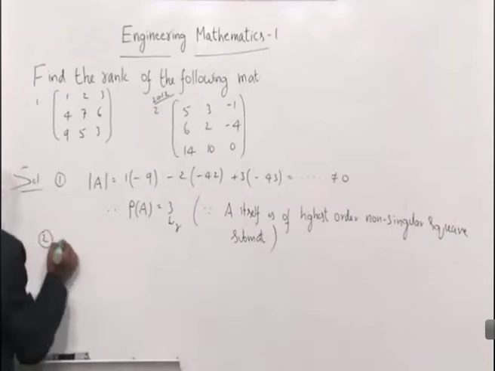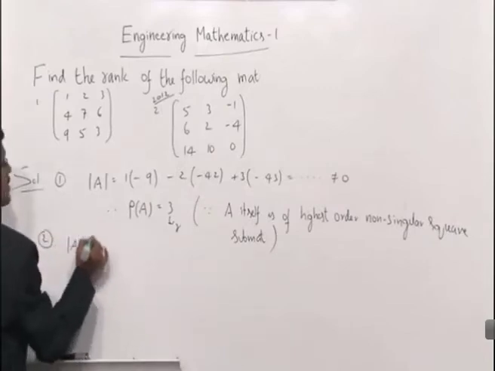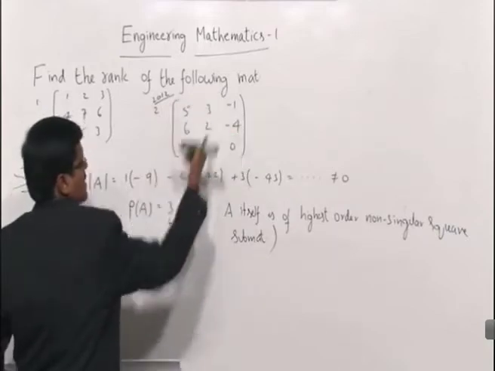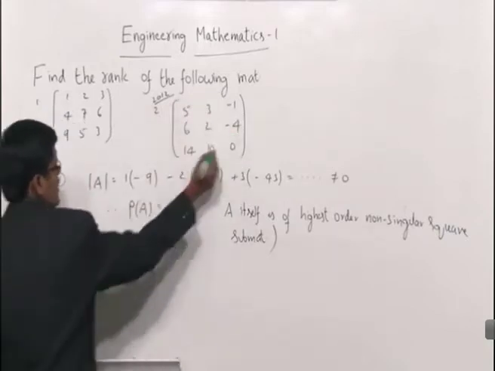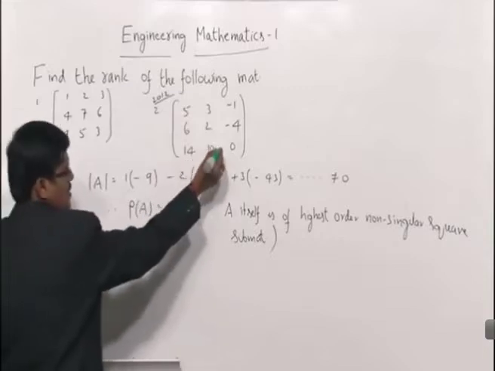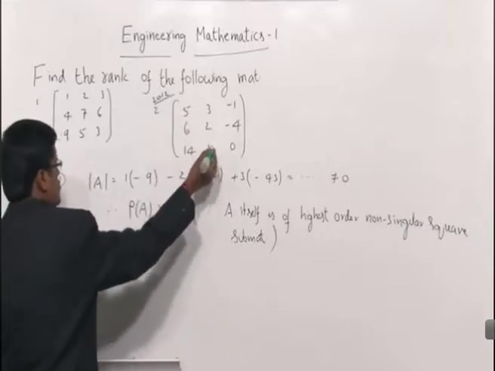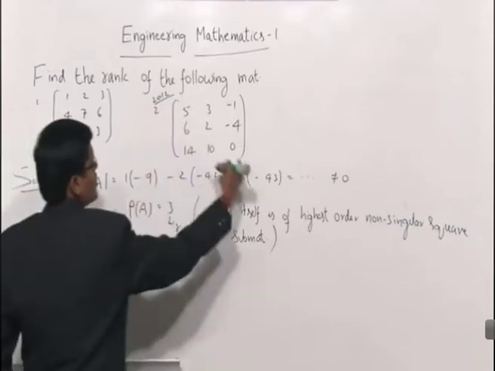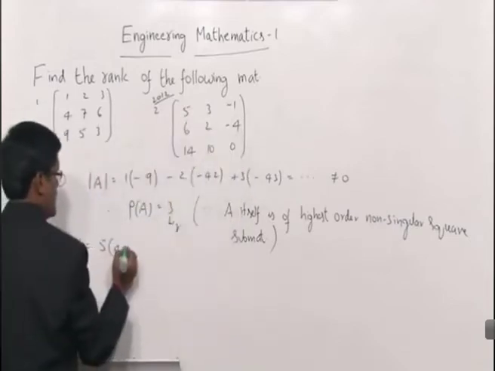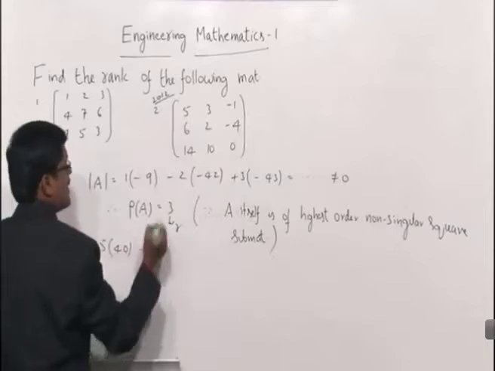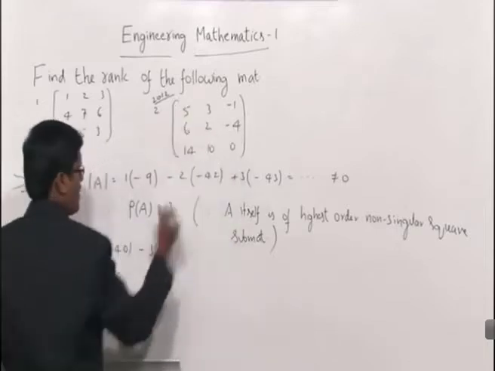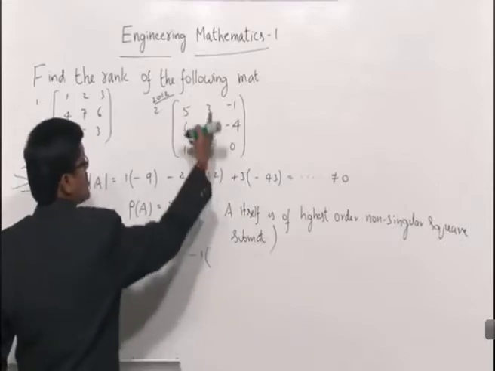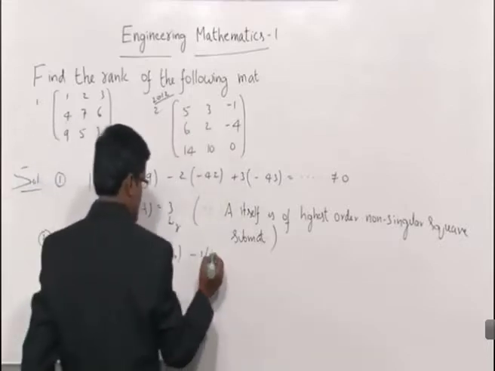Second example. Similarly, I am finding determinant A, because it is a square matrix. The 3 by 3 is the highest submatrix in itself. Okay. 5 into, or you can expand by any row or any column which contains more zeros. Okay, no problem. 5 into 0 plus 40, middle number plus 3 into minus 0 plus 56, minus 1 into 60 minus 28, that is 32.